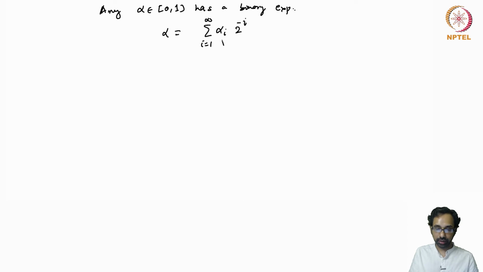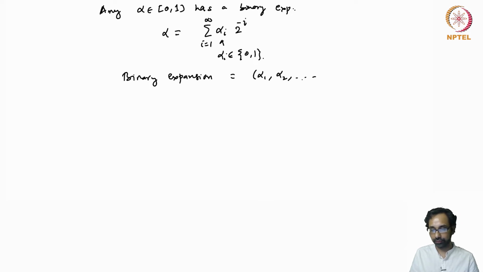These alpha_i's are in {0,1}, and the binary expansion or base 2 expansion of alpha is just this collection of alpha_i's. So alpha_1, alpha_2, and so on.